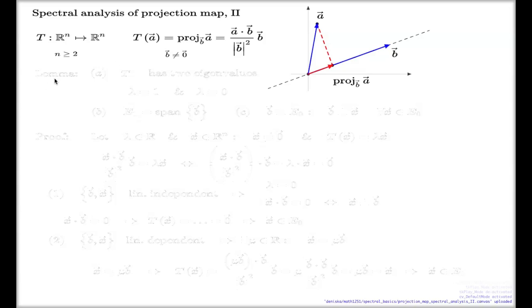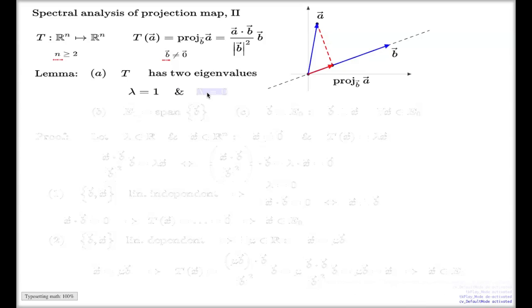Here's the lemma, which states what we discovered earlier. Part A says T has two eigenvalues, all the time, no matter what the B vector is, no matter how large the dimension is. One of them is 1 and the other one is 0.